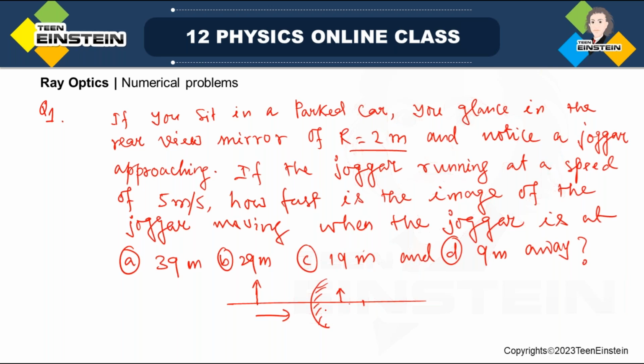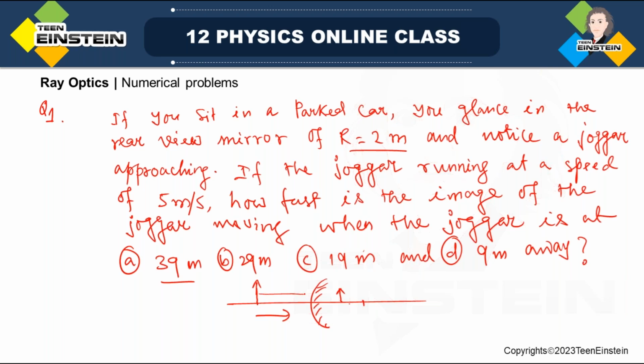Suppose the object, the jogger, is at 39 meter at some point of time, at 29 meter at another point of time, and similarly when he is 19 meter away or 9 meter away from the mirror. So this is actually the question.